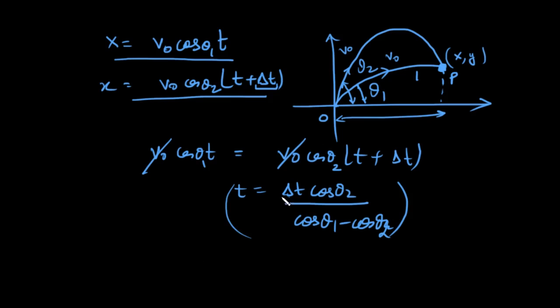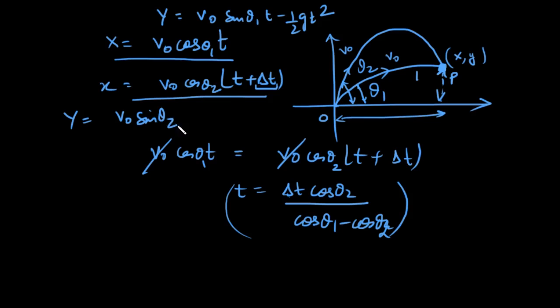Okay, so what is the y coordinate? You see, y coordinate for the first particle, because y is also the same, since in collision they are at the same place. This would be v naught sine theta 1 t minus half g t square. For the second particle, it took delta t longer. This means for the second particle, y would have been v naught sine theta 2 times t plus delta t minus half g times t plus delta t square.